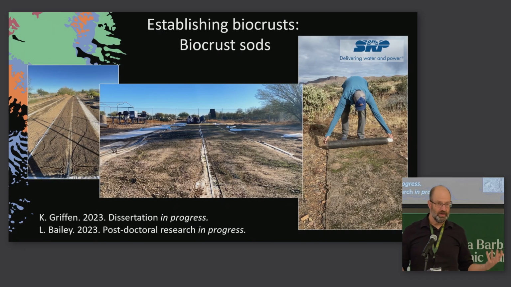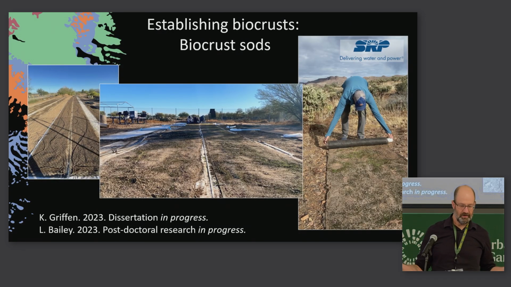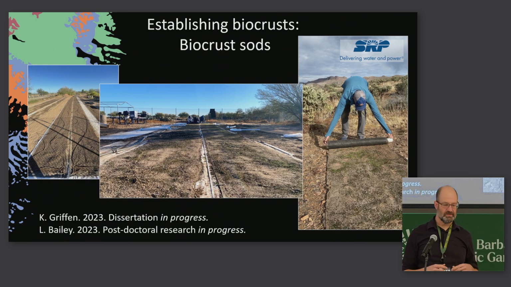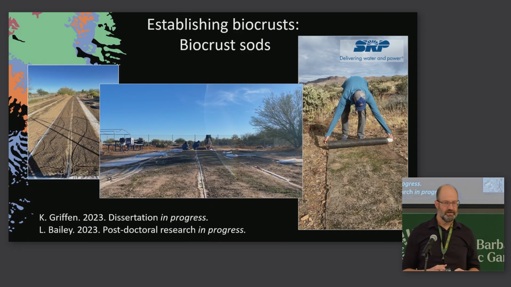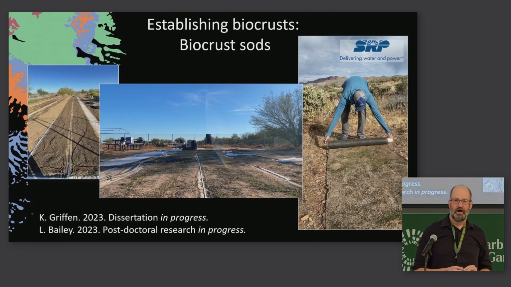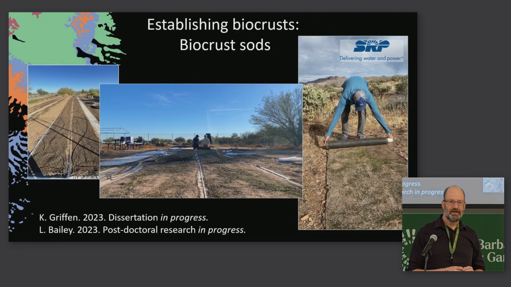A related idea, a little bit similar but bigger, are sods. We're actually growing biocrust sods now. Way over on the left-hand side, that's our sod farm in Scottsdale, Arizona. And I'm going to start a video now of our crew cutting and rolling sods to be transported out in the field.